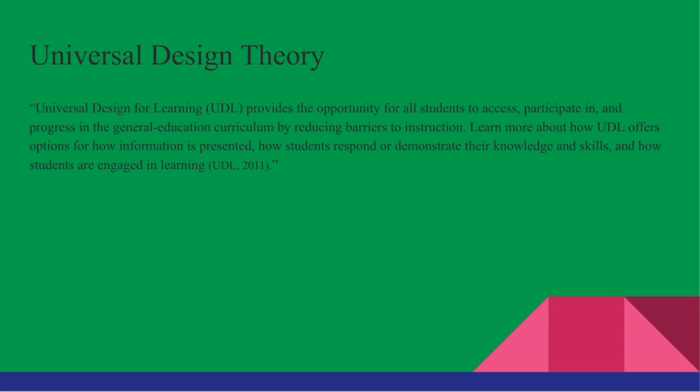Learn more about how universal design for learning offers options for how information is presented, how students respond or demonstrate their knowledge and skill, and how students are engaged in learning.